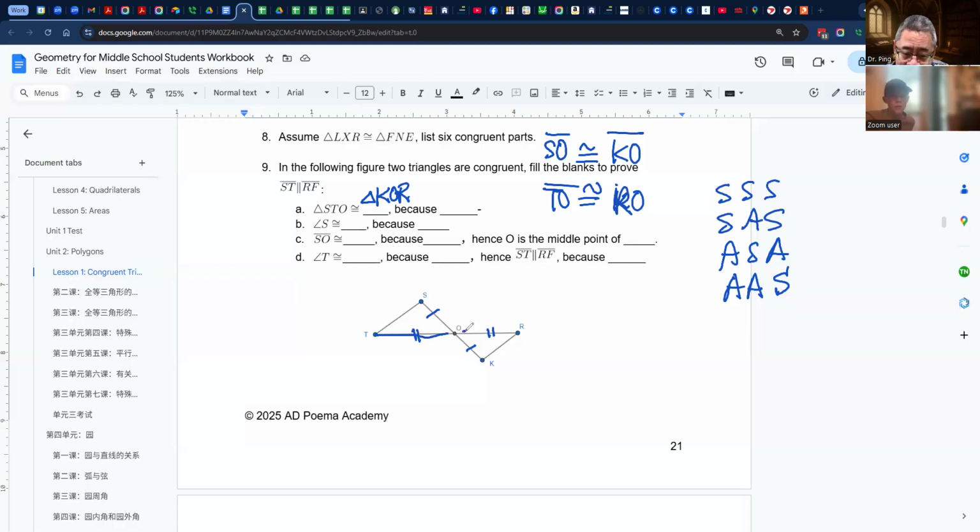This side congruent to that side, and this side congruent to that side. And the angle between those two sides, this angle and that angle, they are vertical angles. And we know that vertical angles are always congruent. So therefore, we are using side angle side. So this will be side angle side. Good.